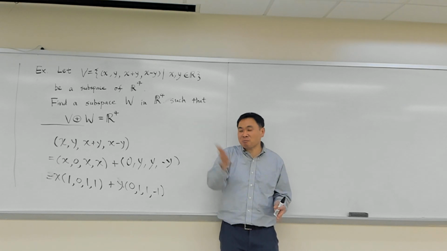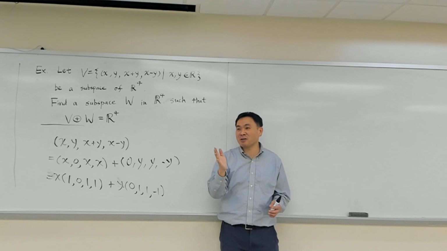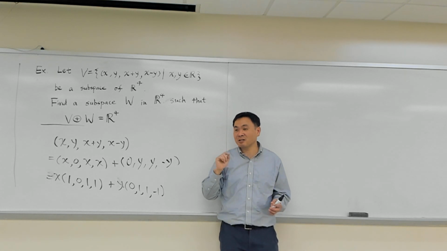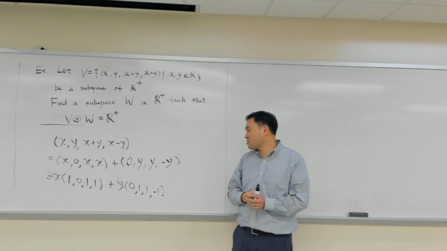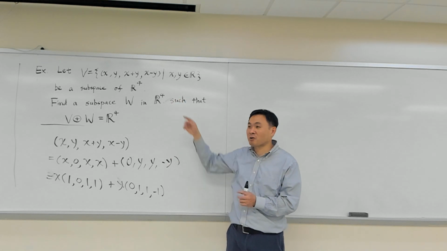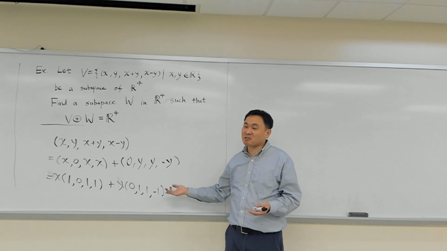To be on that plane, it has to satisfy some relationship, right? You have a lot more points outside the plane than inside the plane, right? So in other words, this is like dimension 2 inside dimension 4, so most likely if you pick some random thing, it's not going to be in here.